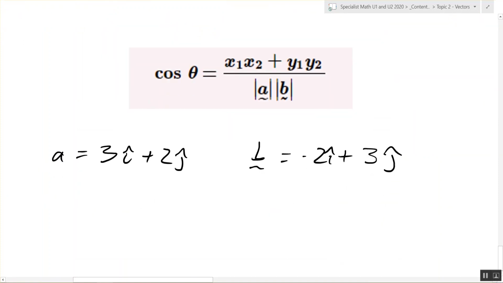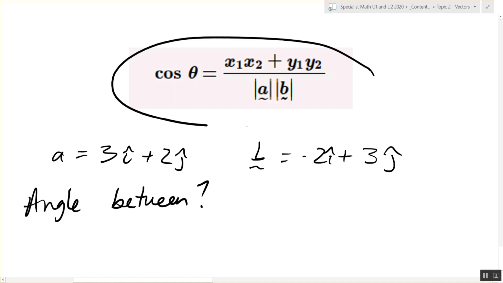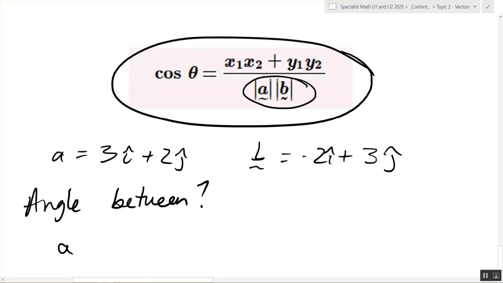How do we find the angle? We use that formula, but we want to find out those first. A magnitude is the square root of 9 plus 4.